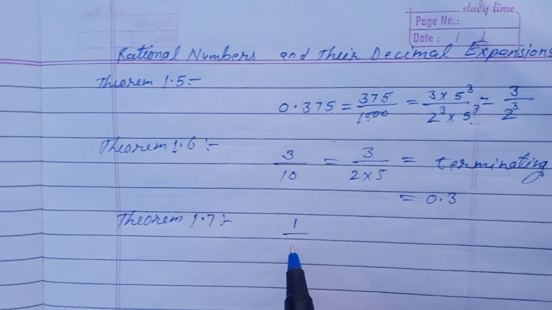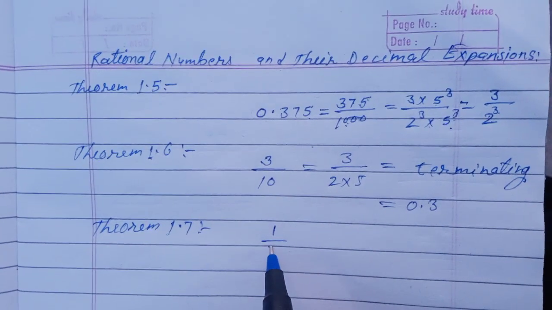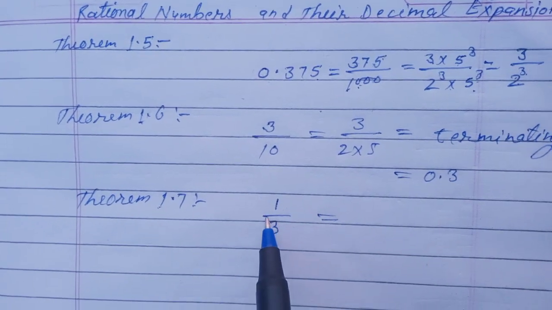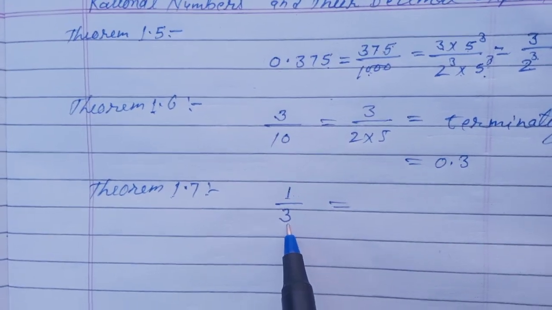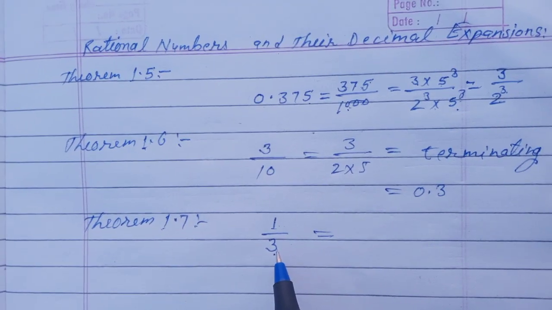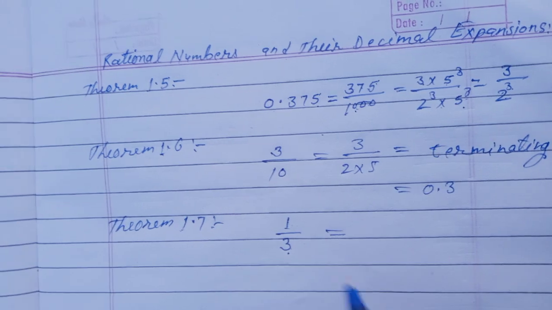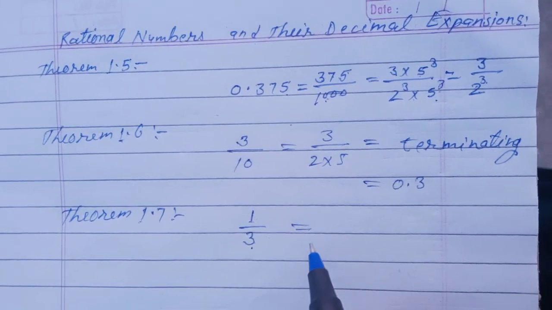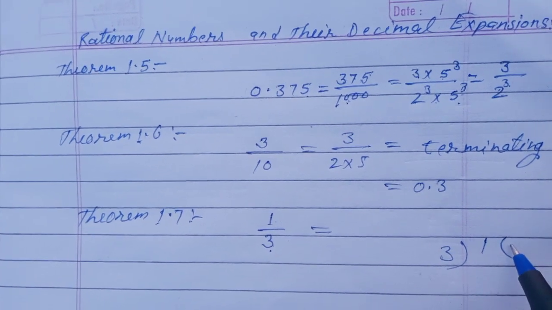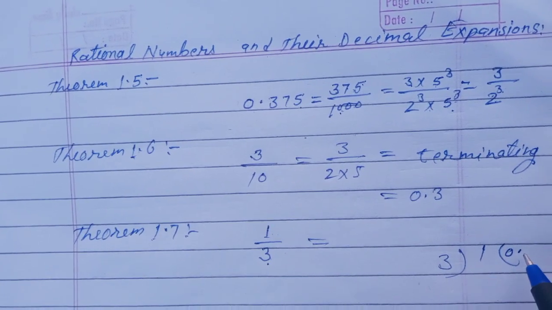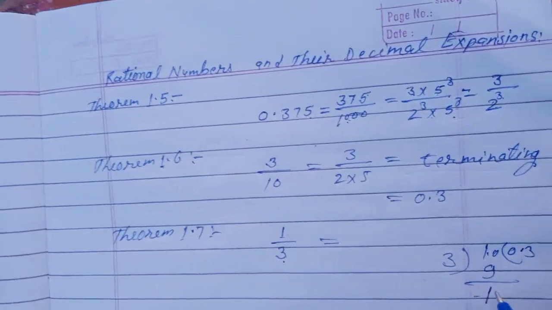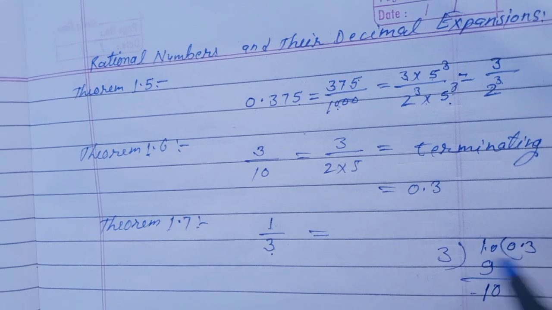Example: 1 upon 3. In this example, the denominator is 3. This is a prime number, and this is not 2 or 5. So its decimal expansion will be non-terminating, repeating. When we divide 1 by 3, 0.3, 3 times 3 is 9, 1 remainder, again 0, 3 times 3 is 9.